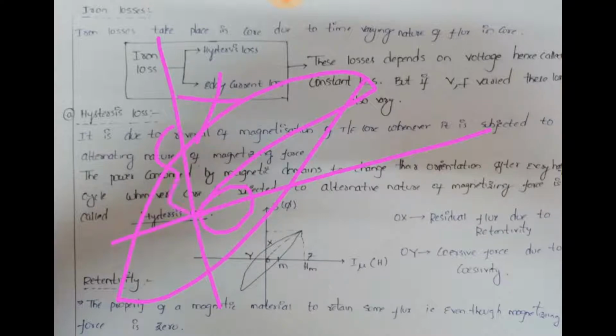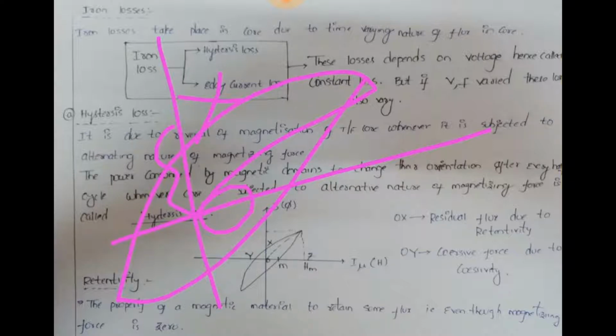This value of flux that exists when current is 0 is called residual flux. This flux is useful in DC machines, self-excited DC machines, whereas it causes a loss in the transformer.